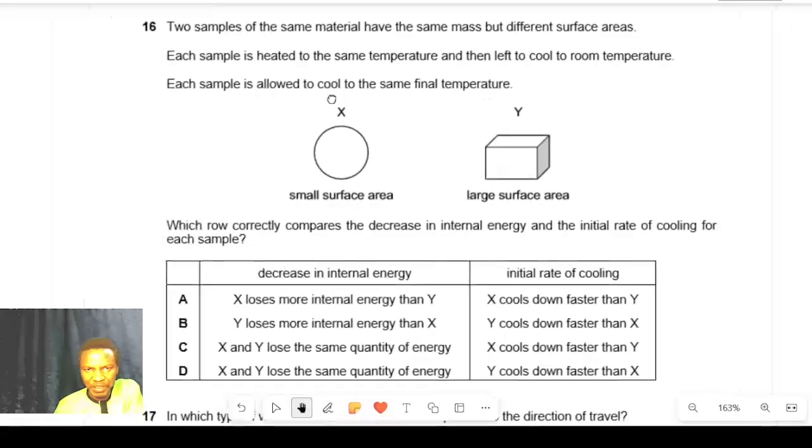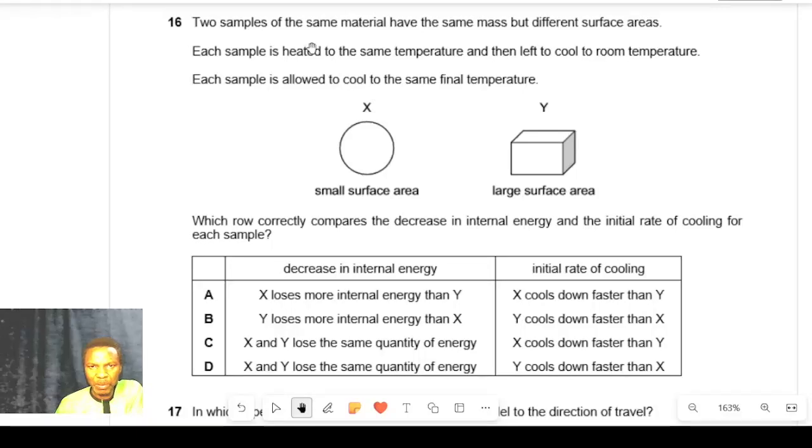Question 16. Two samples of the same material are made of the same mass but different surface area. Take note of the condition given: the same mass, same material, but different surface area.